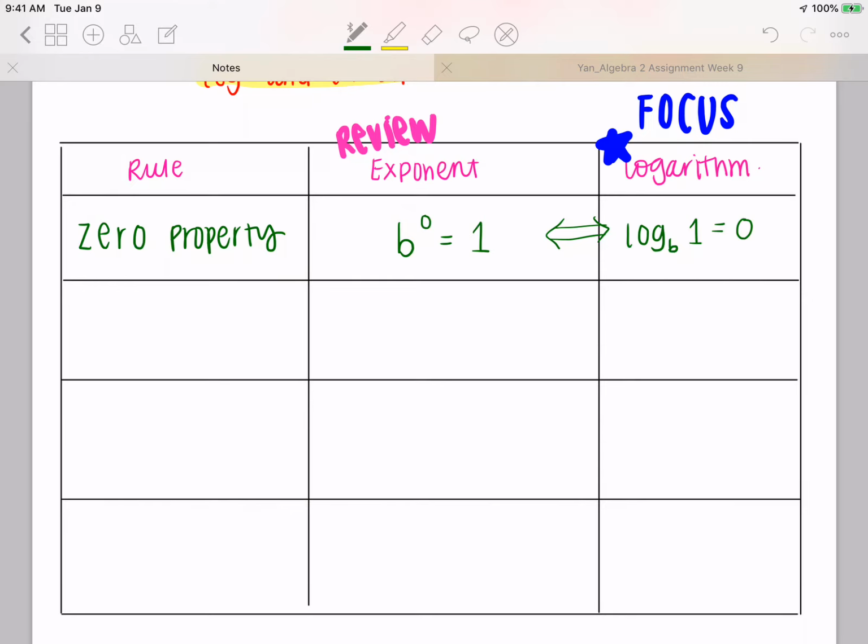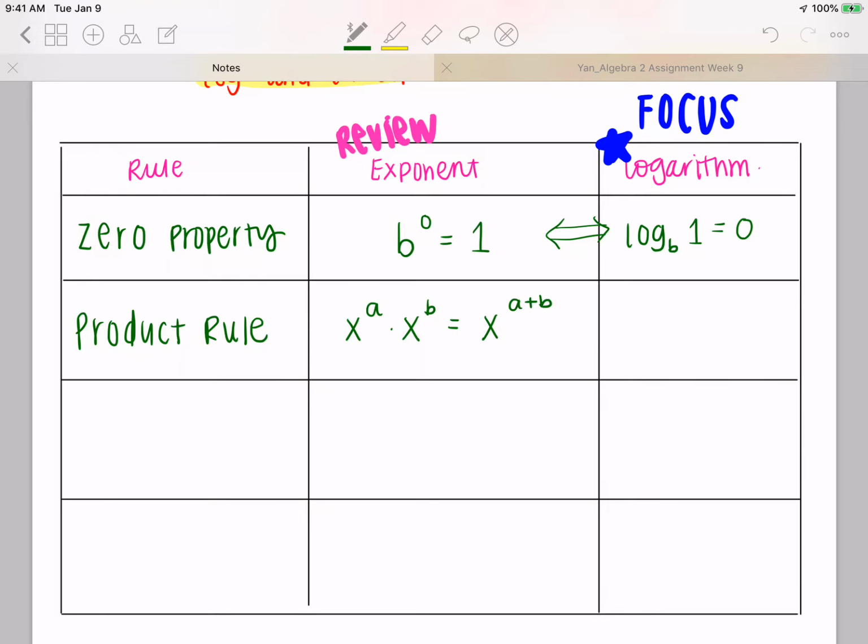Okay, and then the next form I want you guys to look at is product rule. Product rule in exponents is x to the a times x to the b, and this really equals x to the, what do we do with exponents? We add it up.